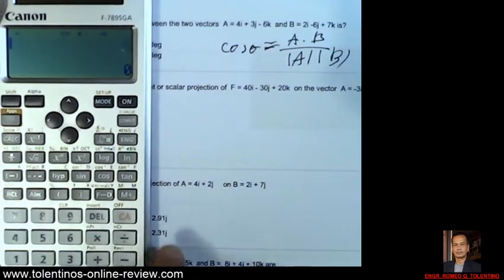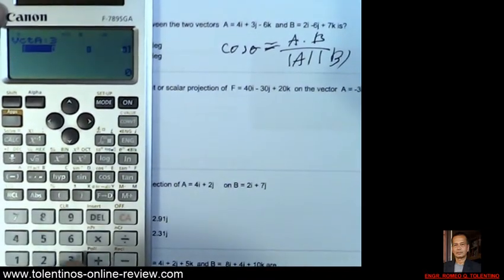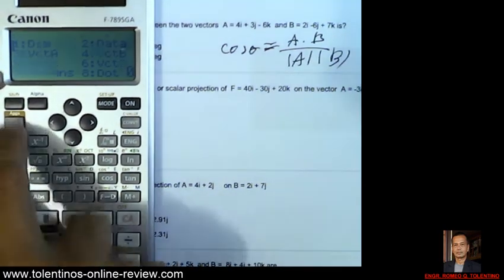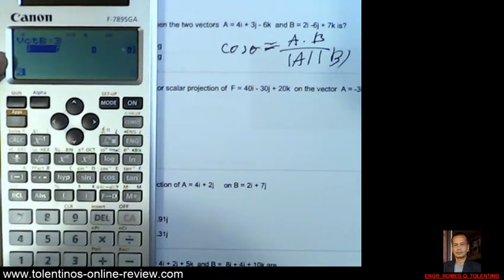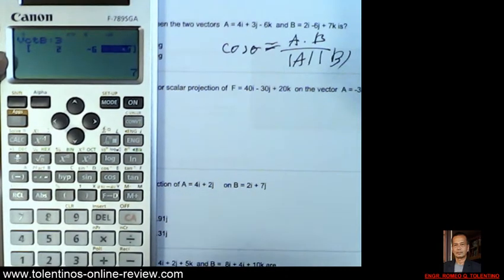Okay, we have what? Mode 8, 1, 1, 4, 3, at saka negative 6. And then shift apps 1, 2, 1. You have 2, negative 6, and 7. Okay.